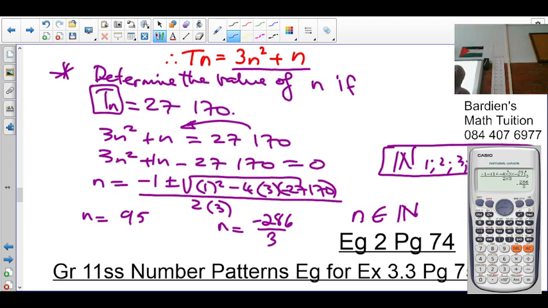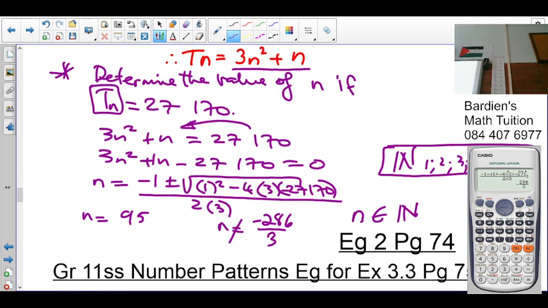No. Can it even be a fraction? No, because we don't have a position 286 over 3. We don't have somebody coming in at 2.5. You get a person coming in first and second, and you don't get a person coming in 2.5. So n denotes a position number, so n has to be a natural number. So I just omit that. Can you see that, people?